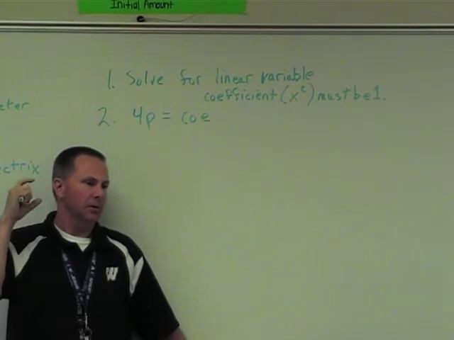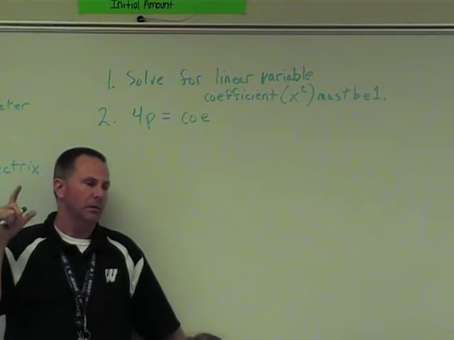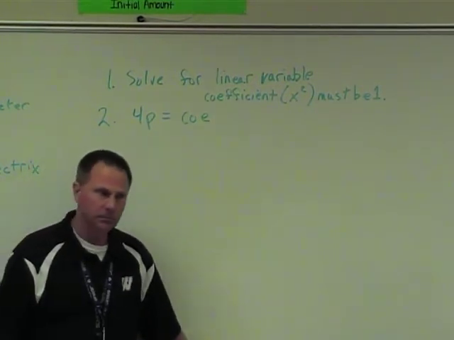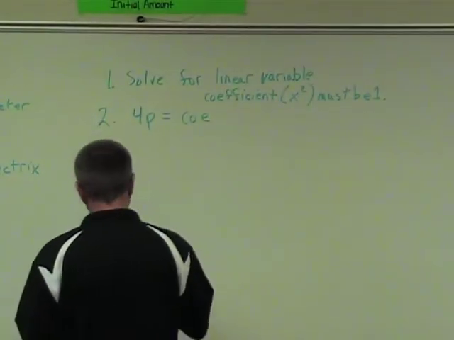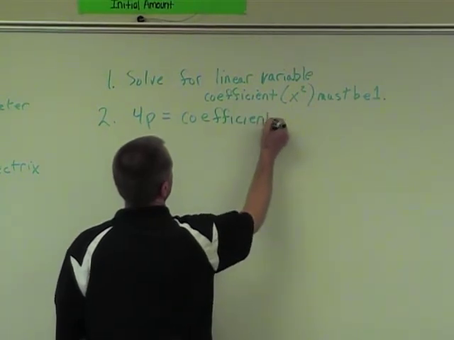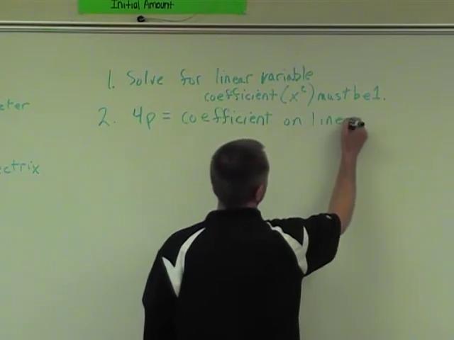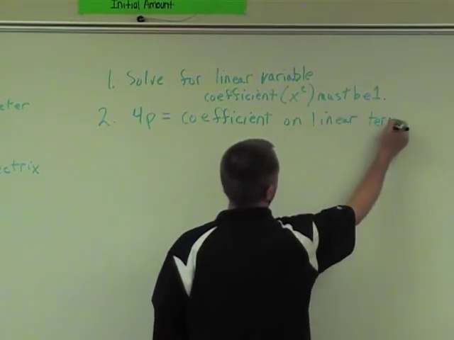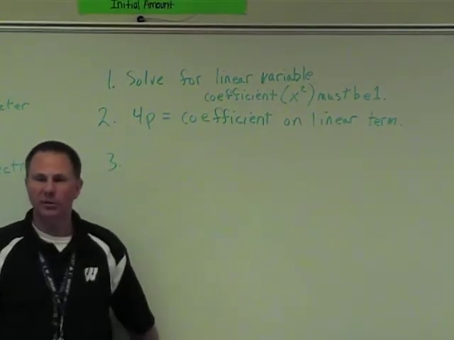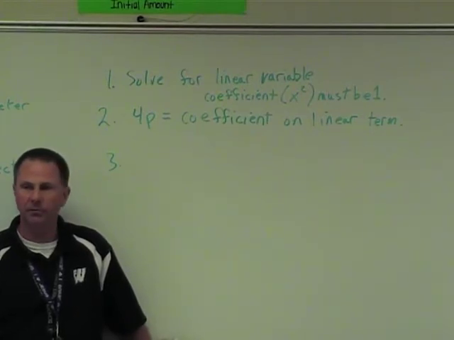You're solving for your linear variable. I'll show you an example here in a minute. Make sure the squared term has a positive 1 coefficient. So step 2, set 4p equal to the coefficient on the linear term. Right now, none of this really makes any sense to you. You're just writing down the steps. But once you go through this, it's very, very simple and easy to graph. We're going to graph today.